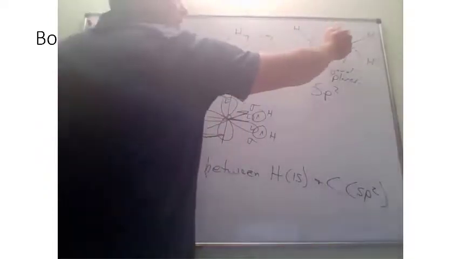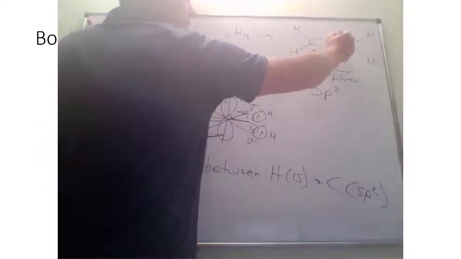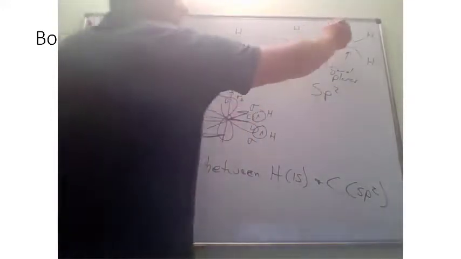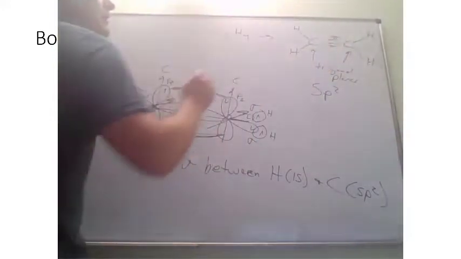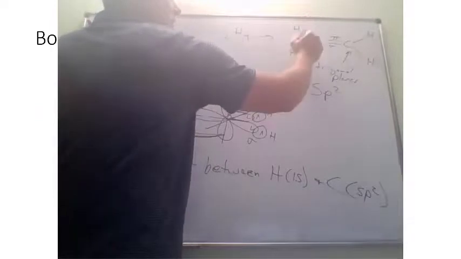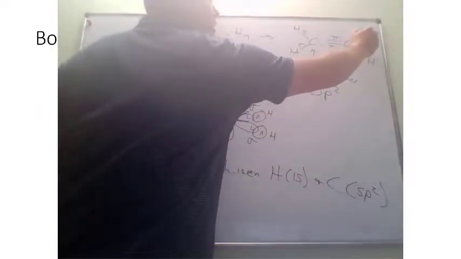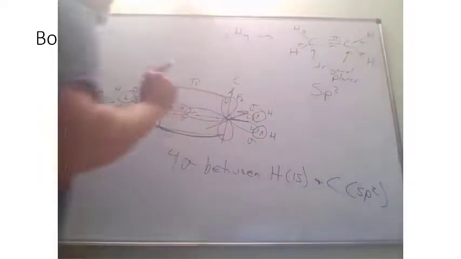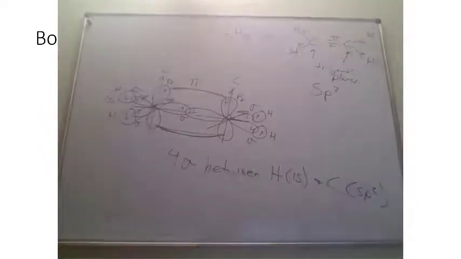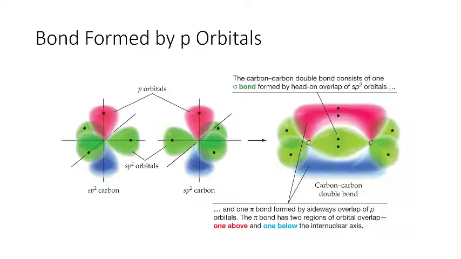So this first bond that we show here is going to be our sigma overlap, and the second one is going to be our pi. And then each of these single bonds between carbon and hydrogen are each sigma bonds. Okay, so that is the formation of C2H4 using the hybridization model.